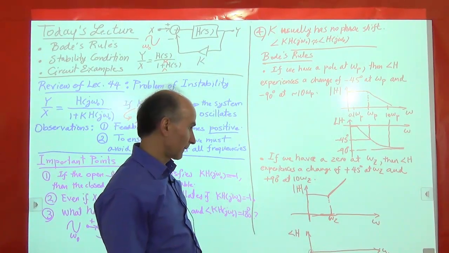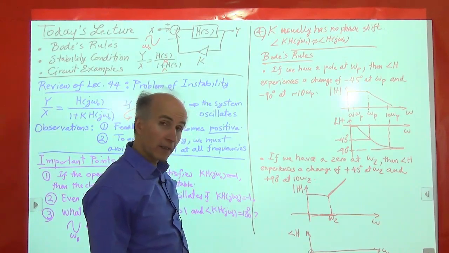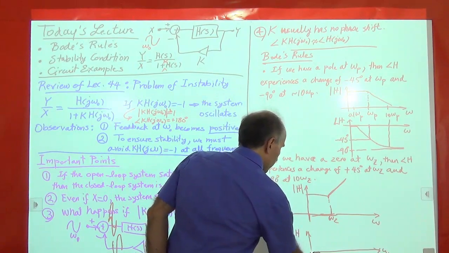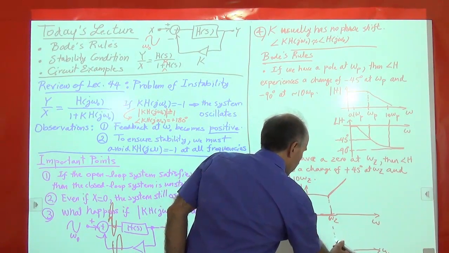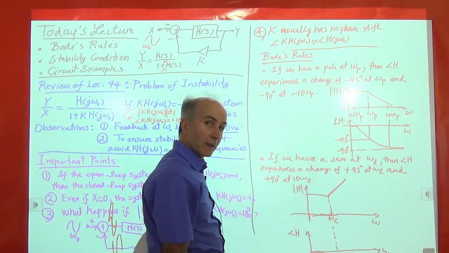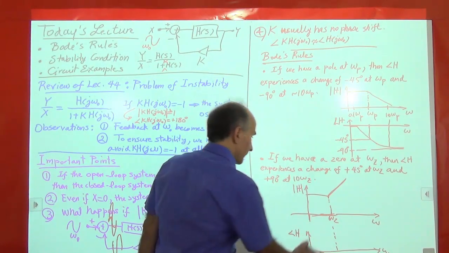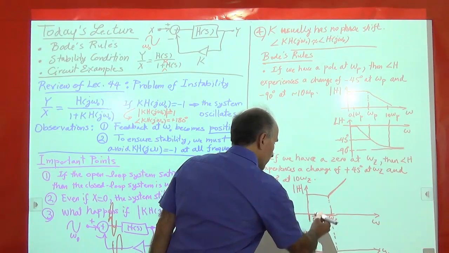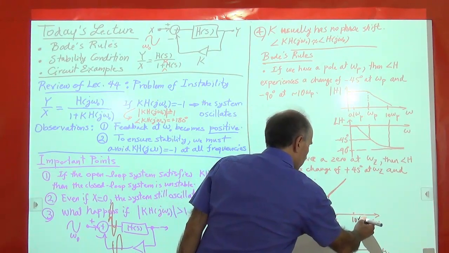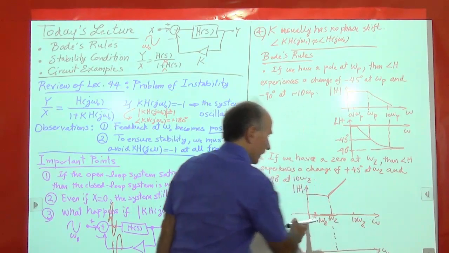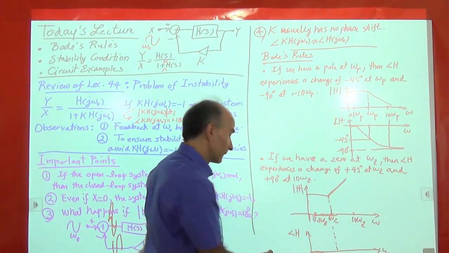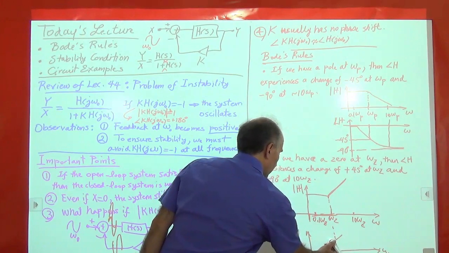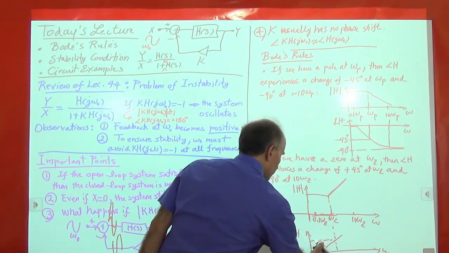And then for the phase, Bode says that, let's say we have no phase at very low frequencies, and then we begin to feel it at 1/10 of the zero frequency. So if this is 0.1 omega z here, and then 10 times omega z here, you can imagine that this is a log scale. So around here we begin to feel it, we go up, and we have plus 45 degrees at this point.